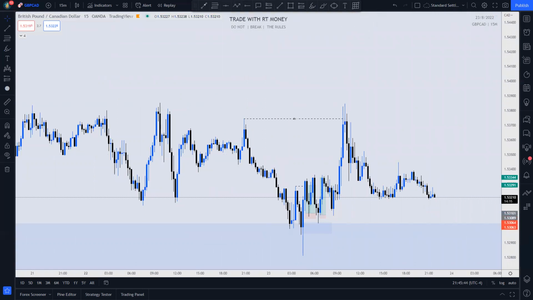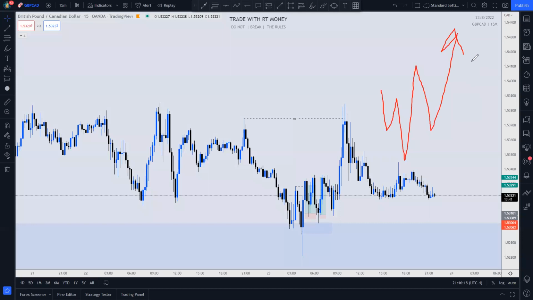You have this low, you have the pull up, and then a new lower low. After this low is cracked, you look for the highest point before this lower low was made. That's your change of character.